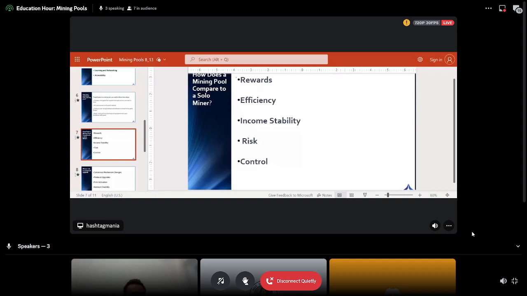And because the mining companies have so much power, they have the ability to say, well, what can you offer me in return? If I come to your pool, can you flex on the fee, for example? Can you lower it down? Otherwise, I can take my mining power elsewhere.